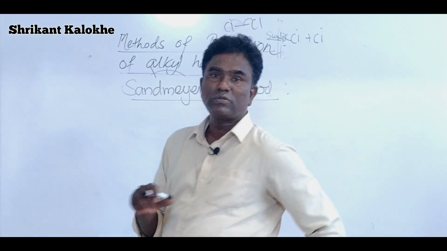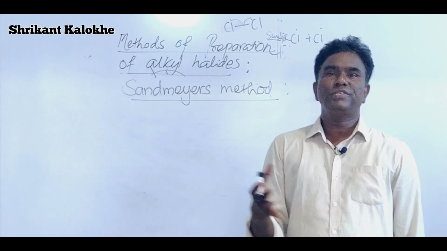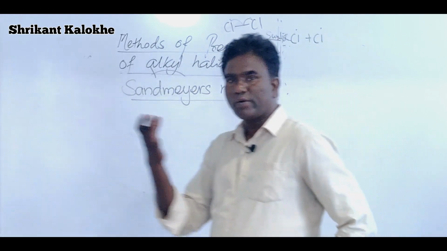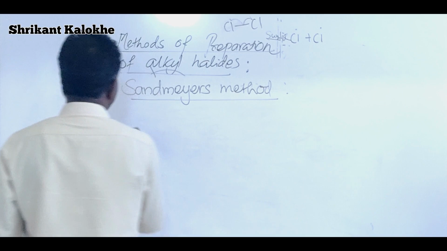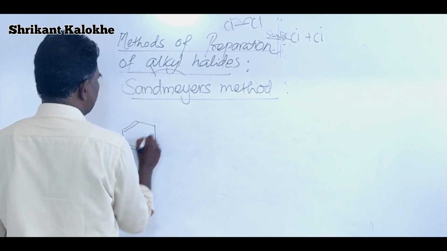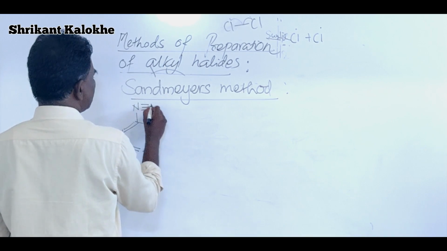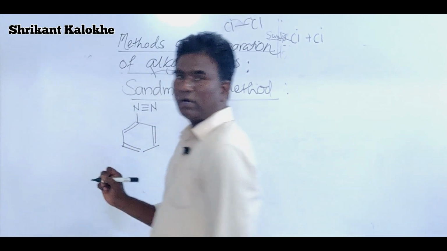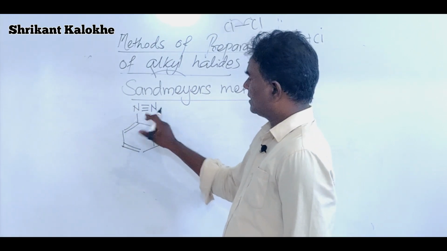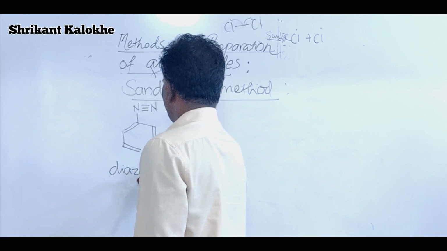and those diazo compounds are converted into halobenzene, means chlorobenzene, iodobenzene, bromobenzene, like this. So diazo compounds are those in which there is a nitrogen-nitrogen triple bond. Azo means nitrogen-nitrogen, and 2 nitrogens are there, therefore this is diazo.